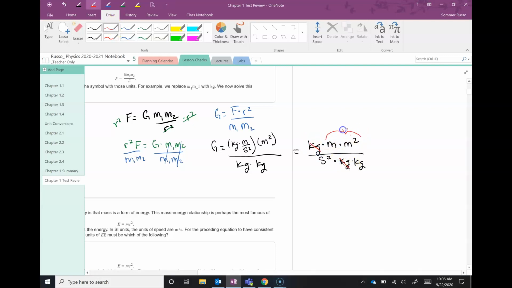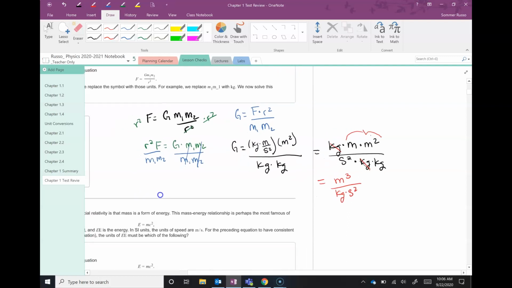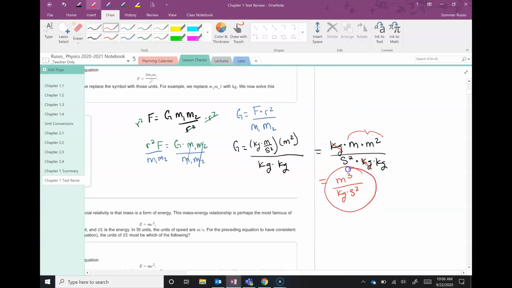These terms can combine. When we combine those, I get meters cubed over kilograms times seconds squared. It doesn't matter which order you put those in because multiplication is commutative. So this is what we are interested in here.